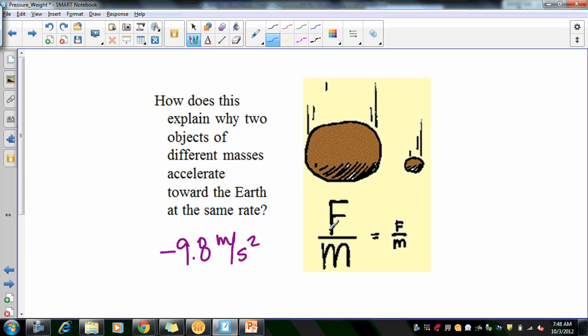This will make a little more sense when we get to universal gravitation. But a larger mass has a larger force due to gravity, and a smaller mass has a smaller force due to gravity, and these two have the exact same ratio, F over m and F over m, which equals that 9.8. That's why they fall at the same rate: the forces change with the mass.